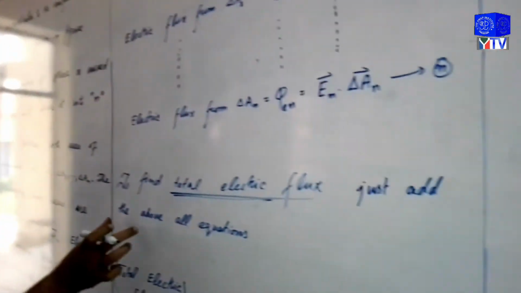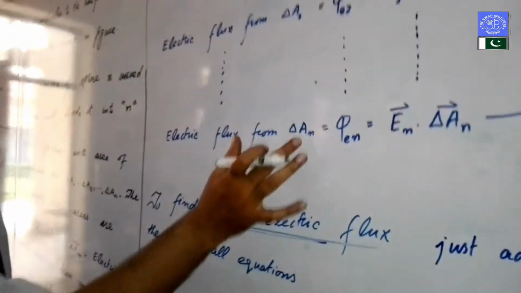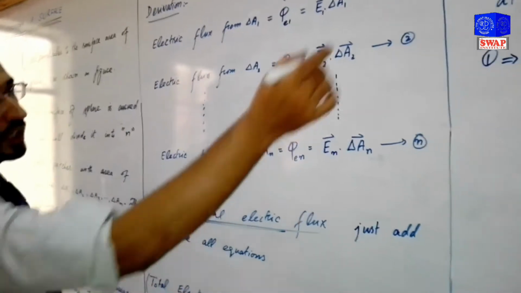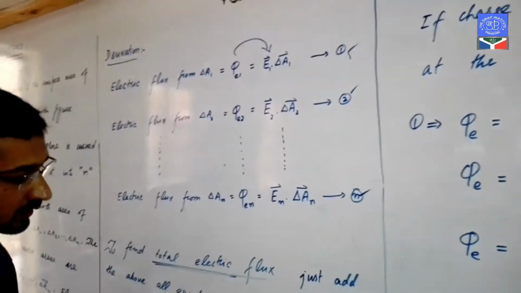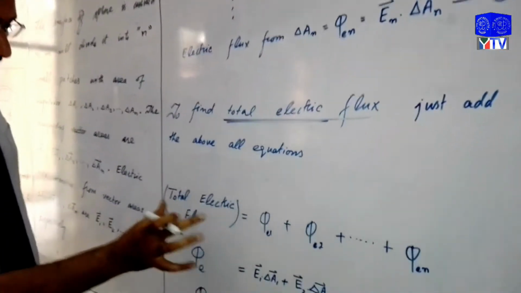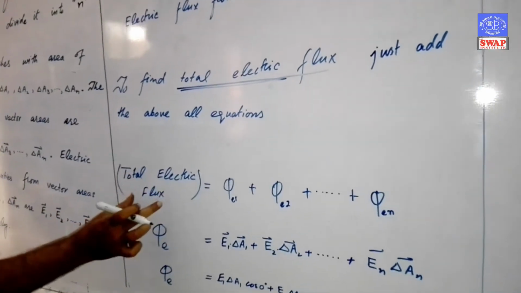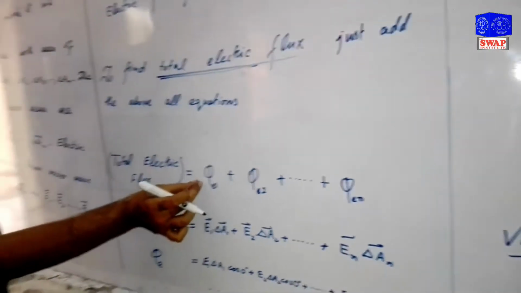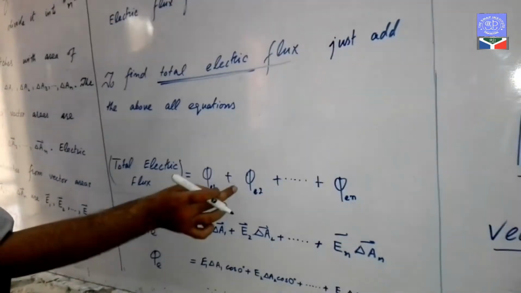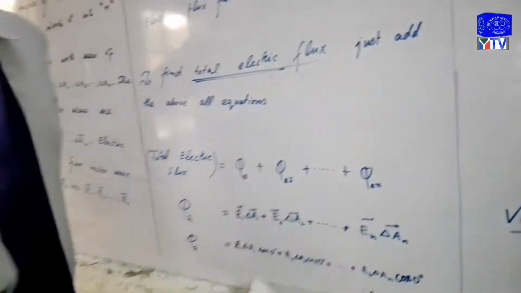To find the total electric flux, just add all the above equations. These are equations 1, 2, 3 up to n. We will get that the total electric flux is equal to phi E1 plus phi E2 up to phi En.